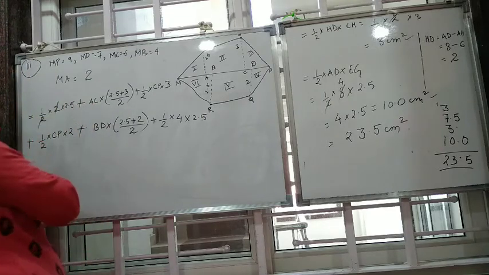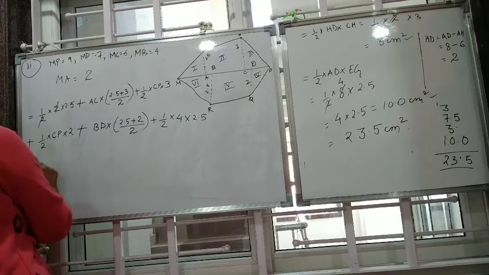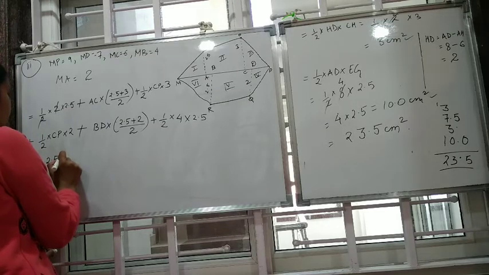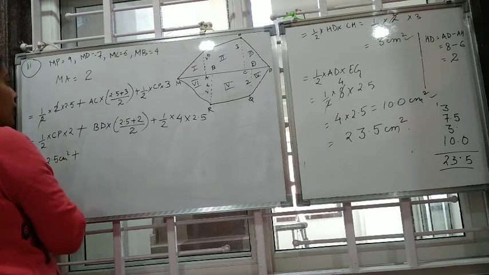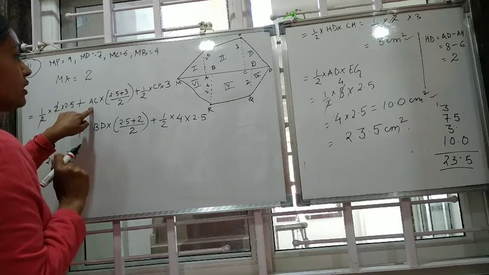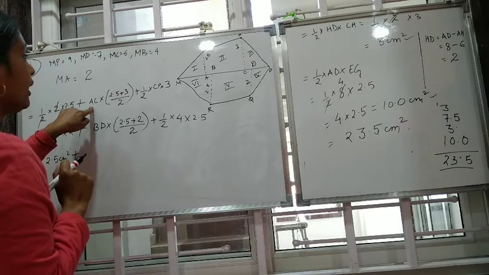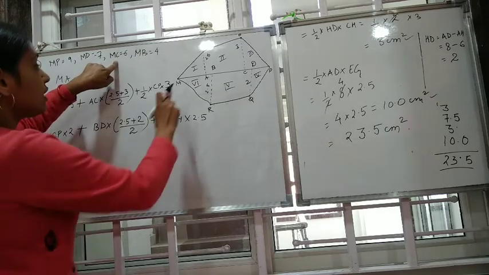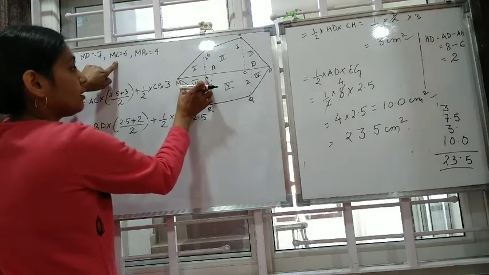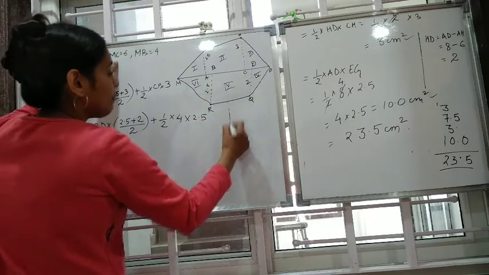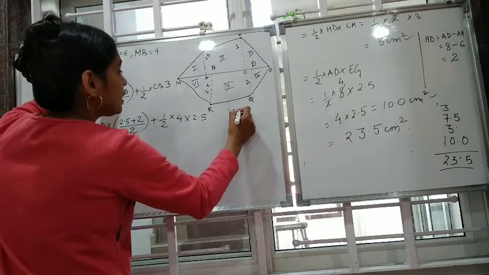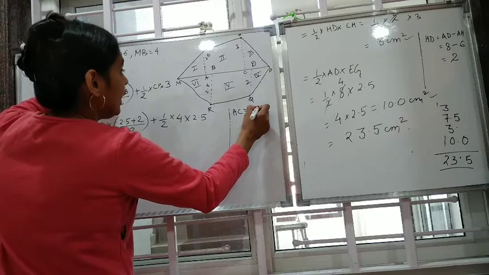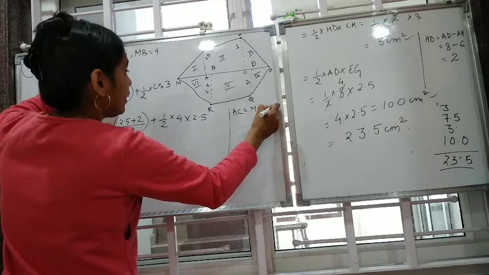Now first thing, we solve this. So 2 and 2 get cancelled. What is left? 2.5. So 2.5 centimeters square. Then here we need to know AC. If we subtract MA from MC, we'll come to know AC. So AC is equal to MC minus MA.